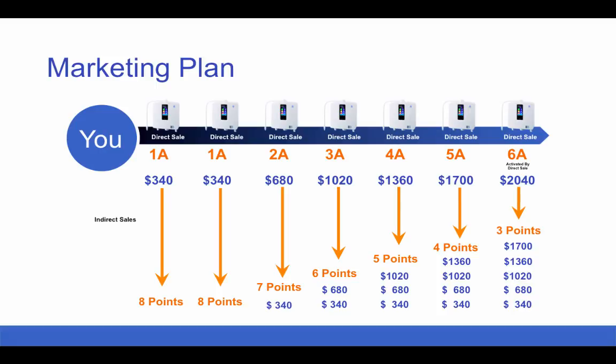So here as a 5A, you're already making 6A money. Isn't that phenomenal? When you get to 100 group sales, on your 101st, you open up your 6A leg, and remember that has to be a direct sale to open up that next line. As a 6A, when you sell a Kangen 8, you make $2,040. Unbelievable. So there you have it.